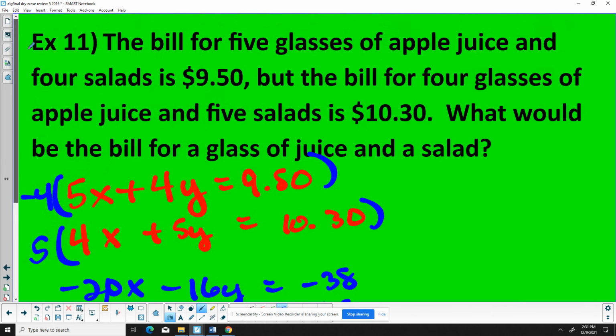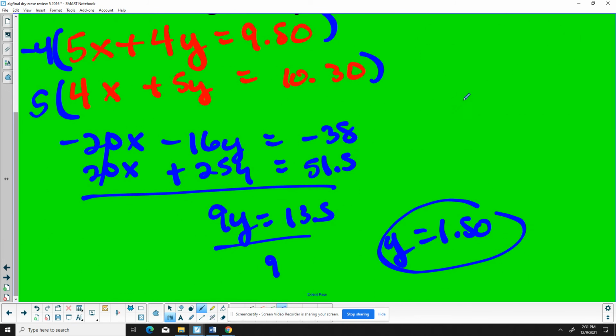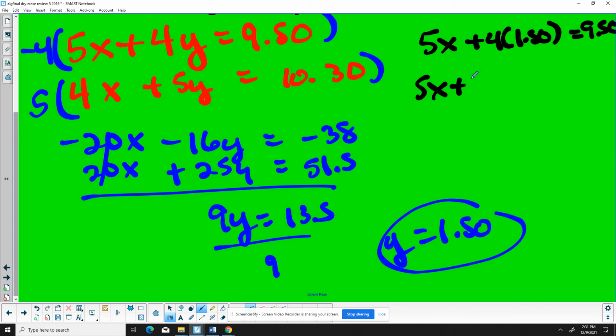So which one's Y? Let's see. Apple juice was X and salads were Y. Okay, so I've got the salads. So change colors. 5x plus 4 times $1.50 is $9.50. So let's see how much the juices are. So 5x plus 6 is 9.50.